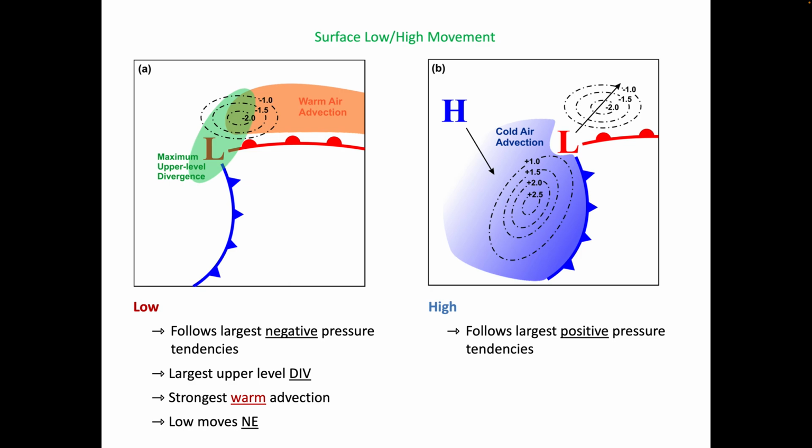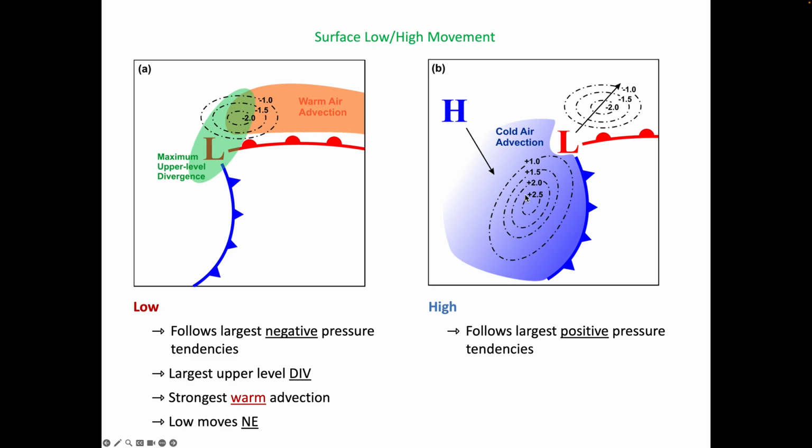The strong cold advection makes the air in the column more dense, but it doesn't change the weight of the column. Getting colder doesn't add mass to the column. Getting warmer doesn't take mass out of the column. So what we see here is that the largest positive pressure tendencies occur in a region of strong cold advection.